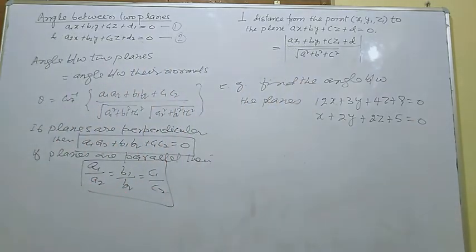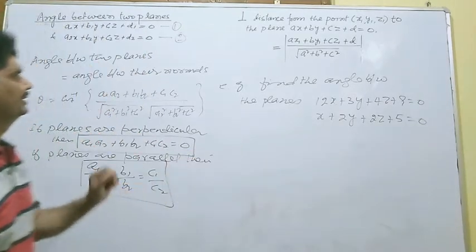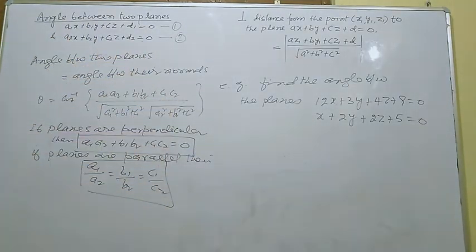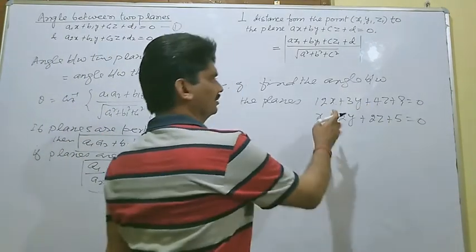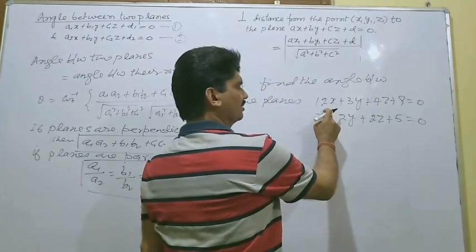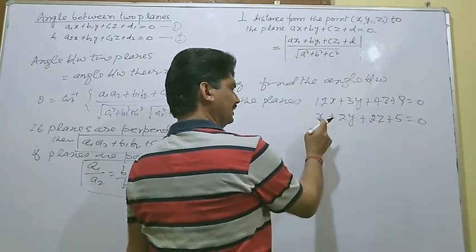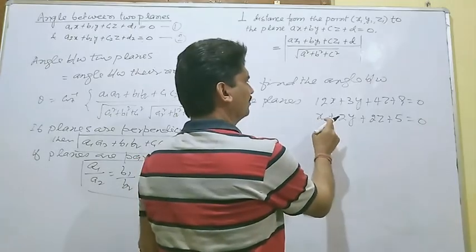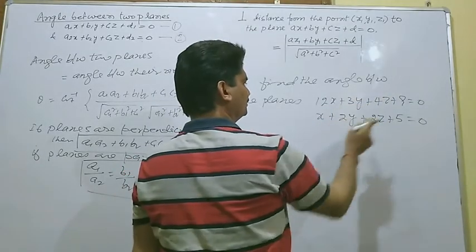These two planes, and we have to determine the angle between them. So we compare the general form, both are given in general form. So drs of the normal to the first plane are 12, 3, 4 and that of the normal to the second plane 1, 2, 2, that is a1 b1 c1 and a2 b2 c2.